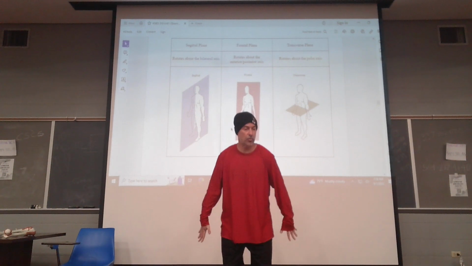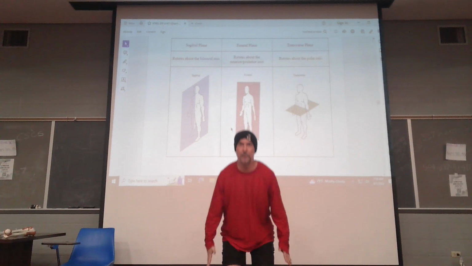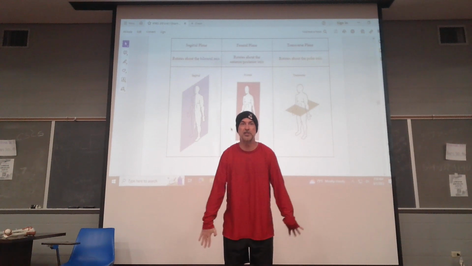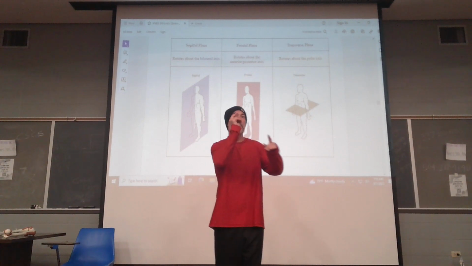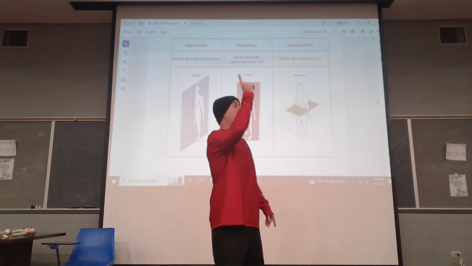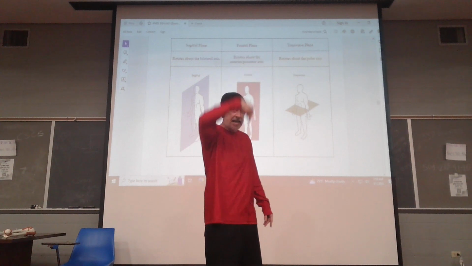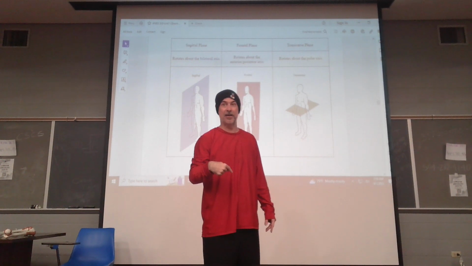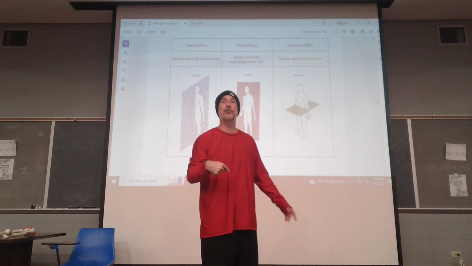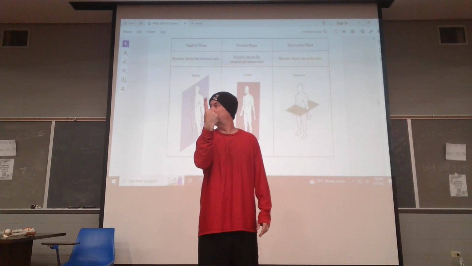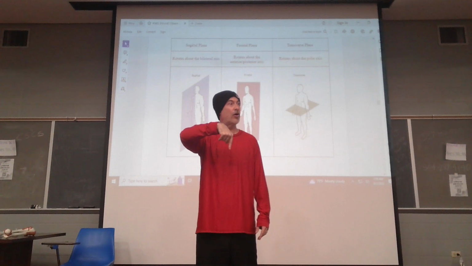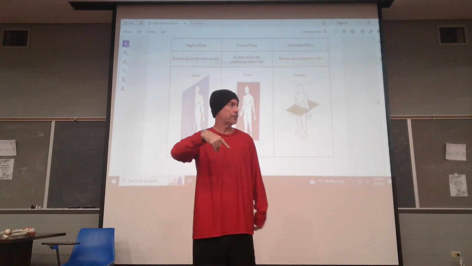My ankles dorsiflexing and then plantar flexing, sagittal plane. My shoulders extending and then flexing, sagittal plane. But my center of mass going up and coming down is not in a plane, because we have words for that. Up and down. Positive Y, negative Y.